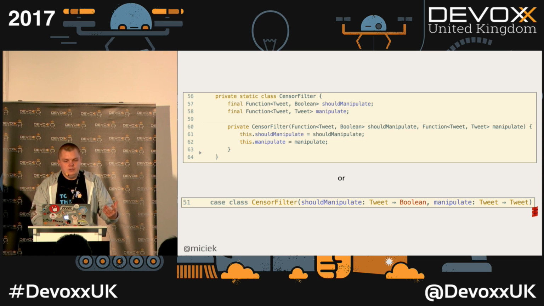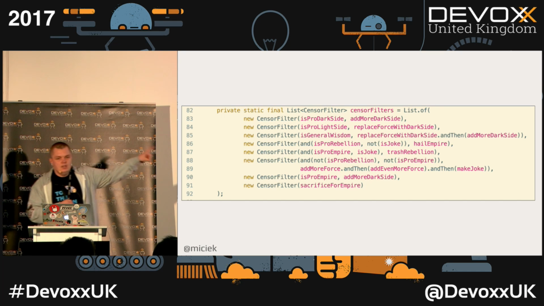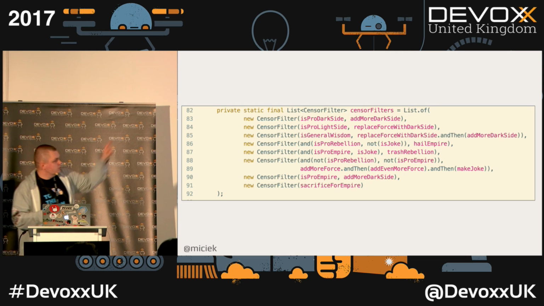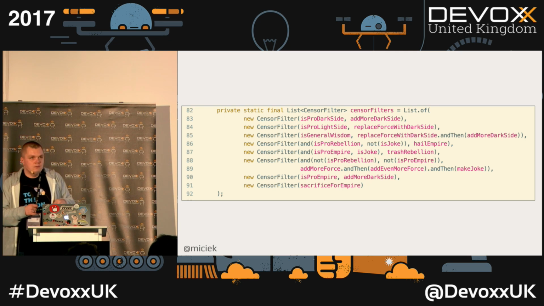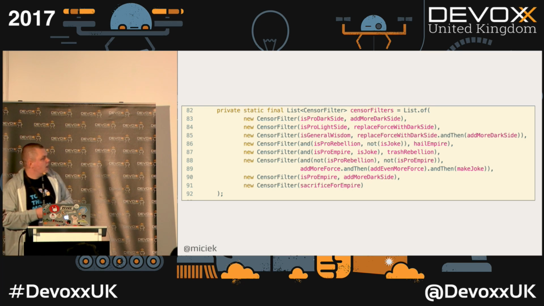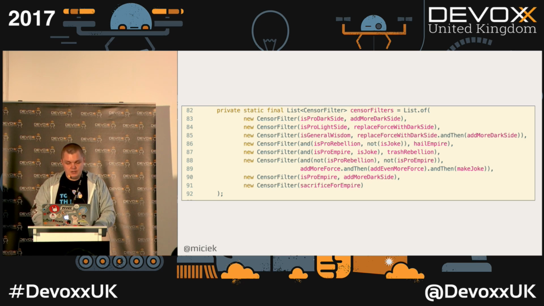So what can we do with such a type? We can create a list, and this is Java code. We can create a list of all current filters. Those pink ones are the real functions, and we just create a new censor filter out of those functions that are defined in some other way, pure functions. But this is just data. This is just a list of some objects which contain function objects.